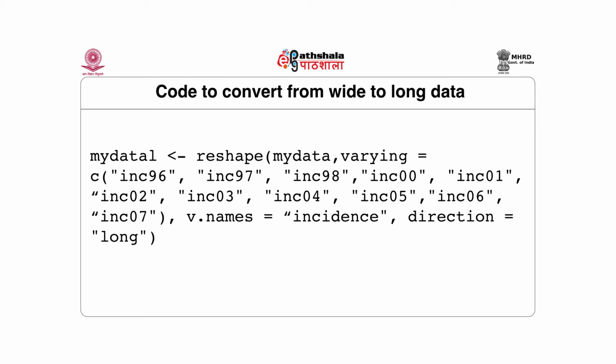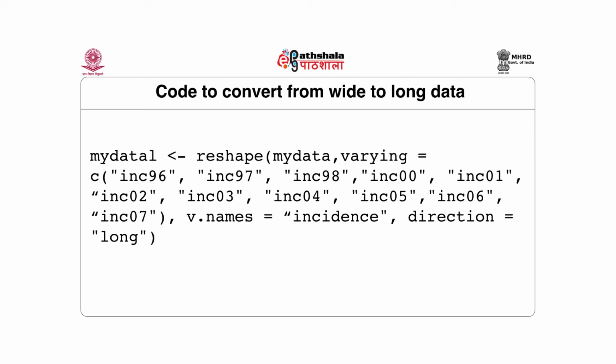Which means that these will be repeated in longer formats. And therefore the variable which will keep these repeated units, we name that variable incidence. So v.names is a variable which will store the repetitive counts of these years that are present in the varying option.